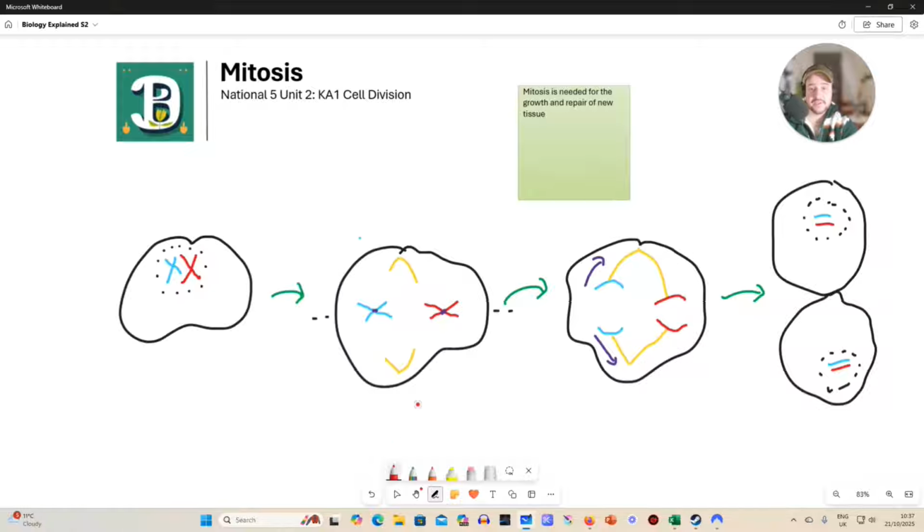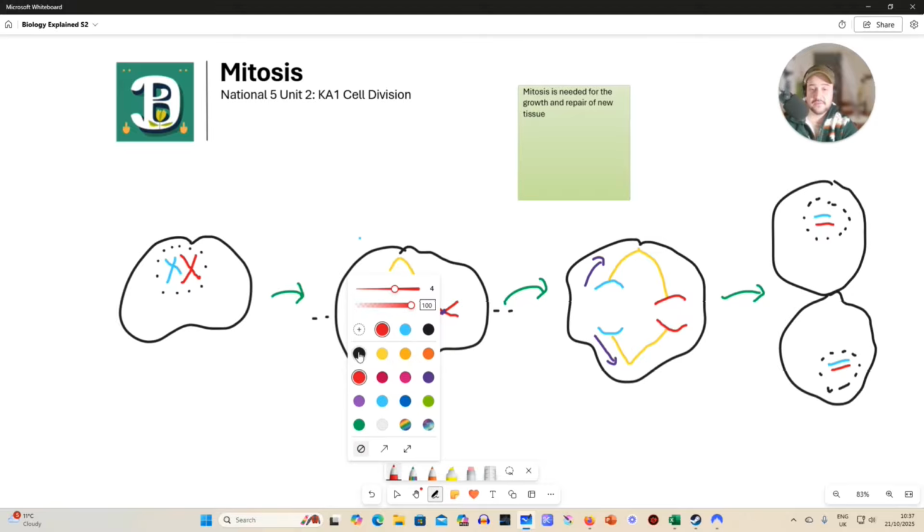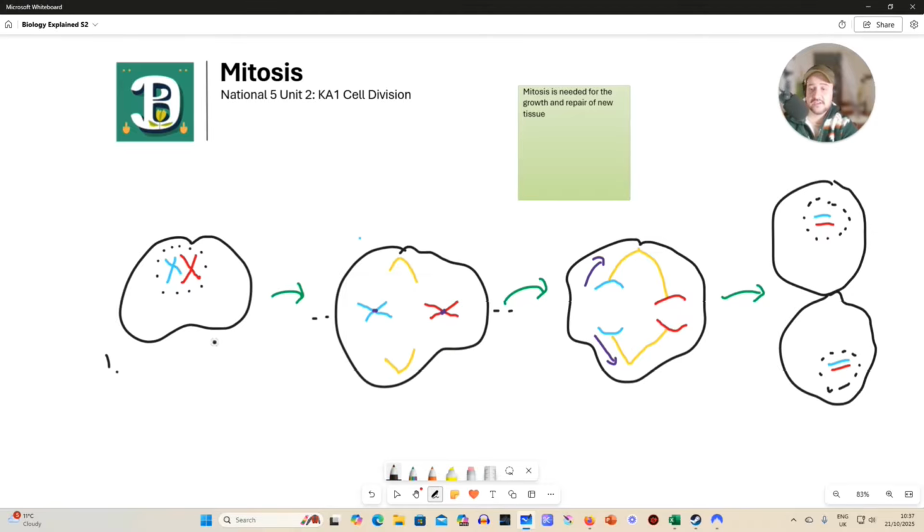So just to recap then, some key words that we're going to be using. In the first stage, we're going to say that the chromosomes condense. Okay, let's make sure that gets corrected. They condense, okay, in order for you to actually see them.